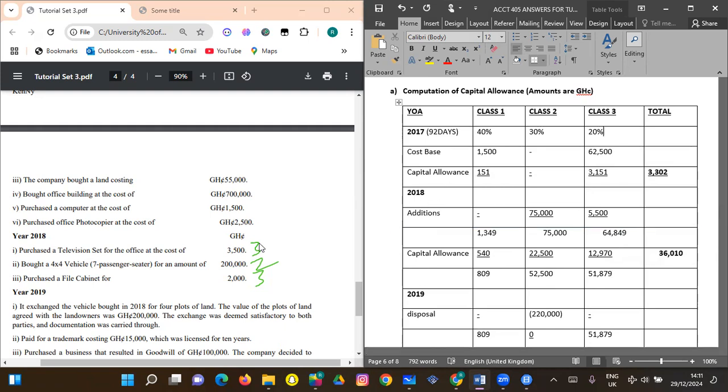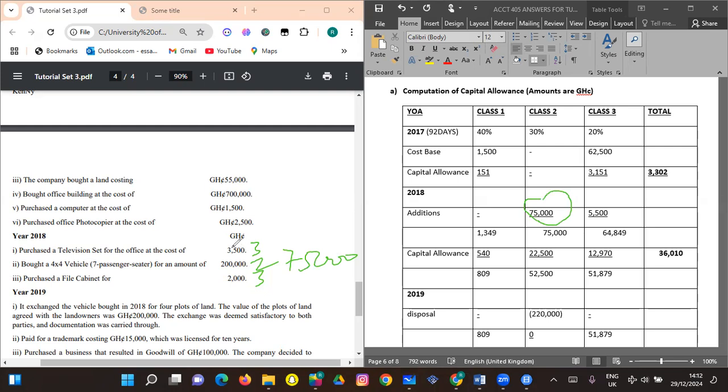Nothing in pool 1 was purchased. In pool 2, we bought a 4x4, and I told you it is less than 13 passengers, so it is a non-commercial vehicle, which has a cap of 75,000. That's what the law says. So that was the 75,000 we brought here.